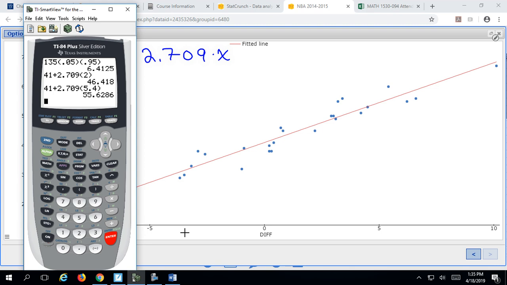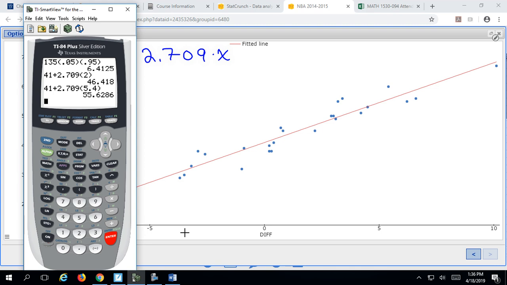That means they won some close games, right? They won some games that were really close. The line represents the average. This is what, of all the teams that have a point differential of 5.4, we would say their average number of wins would be 55.6. Okay? The Atlanta Hawks got 60 wins.